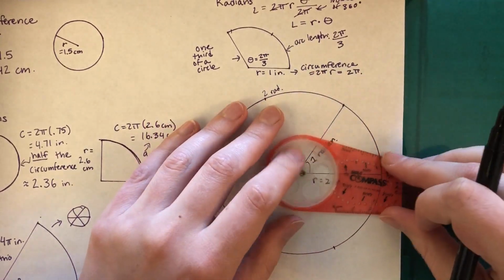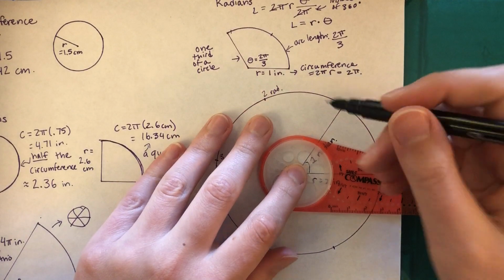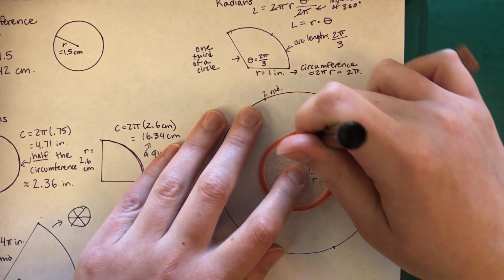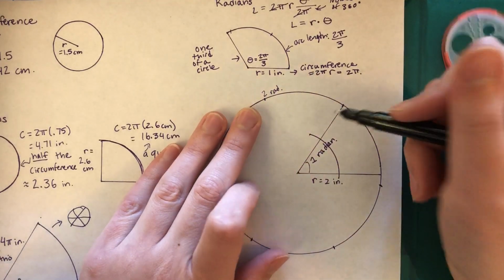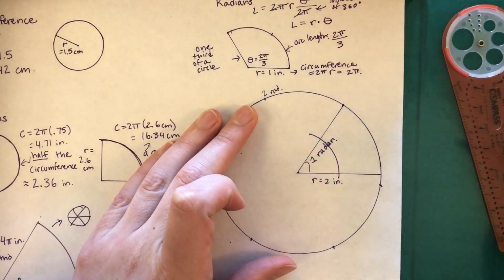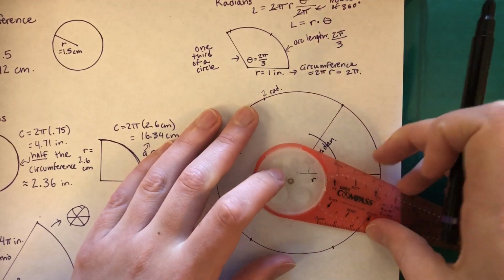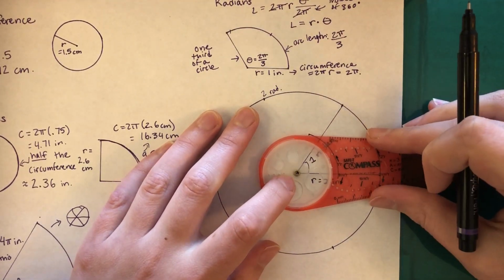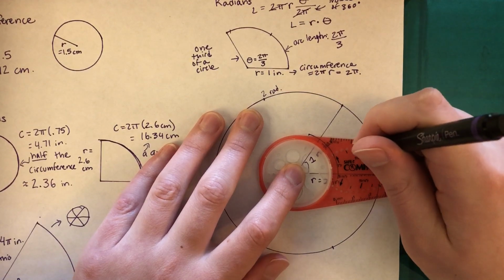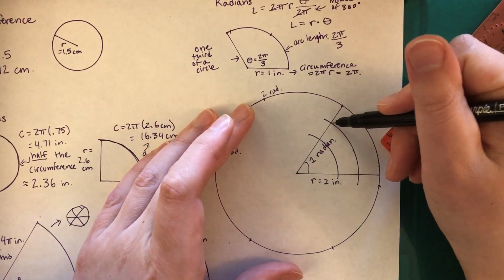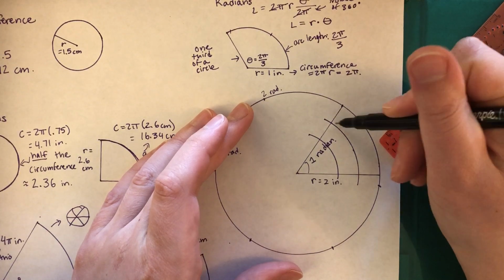So I could draw a circle that has a 1-inch radius. Now this curve in 1 radian of angle has 1 inch of length. I could draw a circle with a 1.5 inch radius. Now this curve here has 1.5 inches of length.